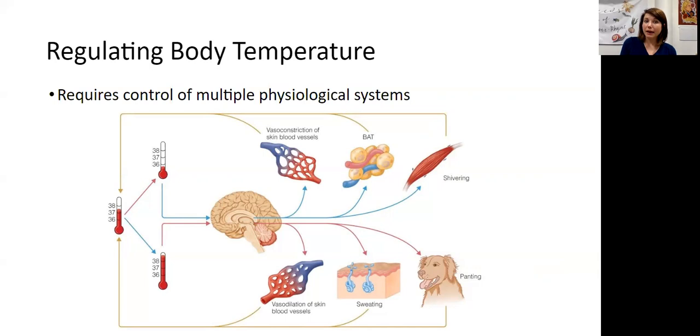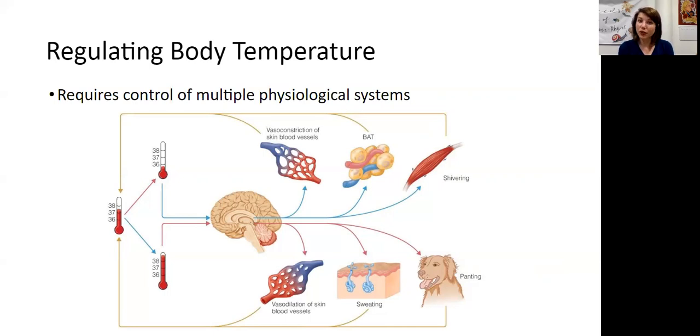Now, in order for the body to regulate its temperature, it's really a full system effect to put into play here. So first you have to have detection that the temperature is changing internally, and be able to recognize that it needs to be adjusted one way or the other. You have to make sure it goes in the right direction.